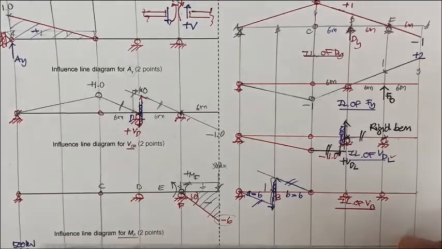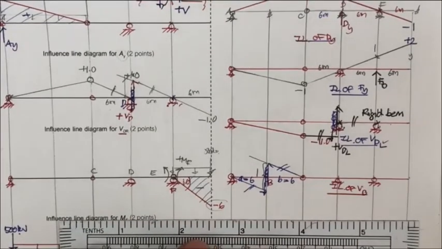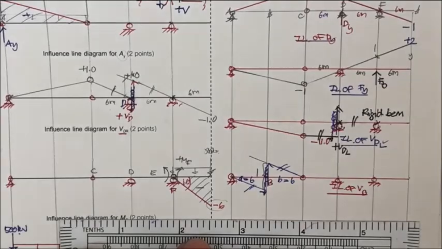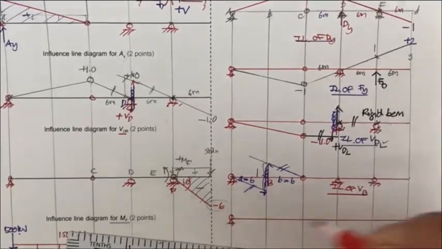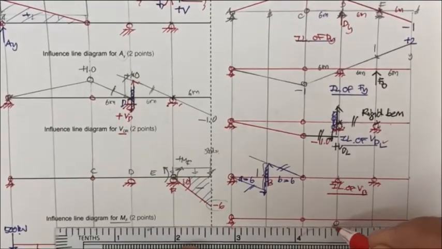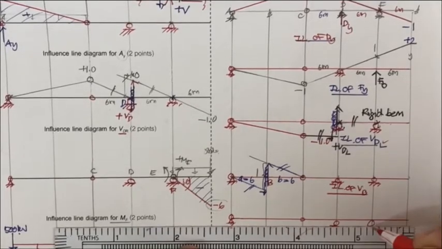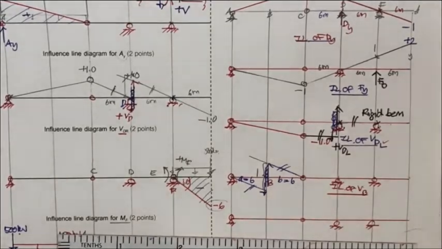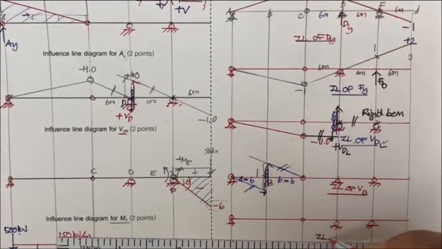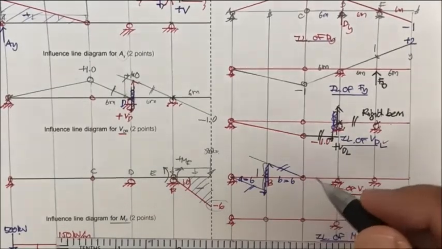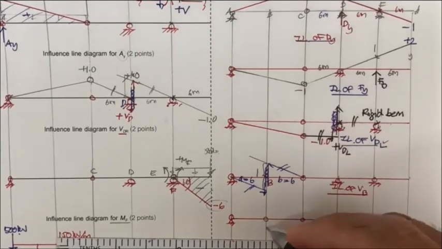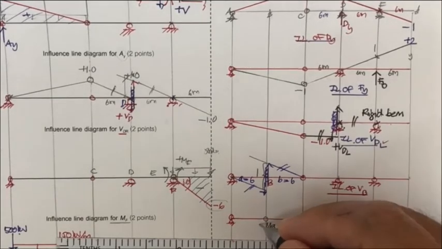And then we have the influence line of M sub B. This is going to be the hinge, the roller support here, roller support here, because you're going to draw the influence line of M sub B. You release the resistance to M sub B, put the hinge here and put the M sub B positive.